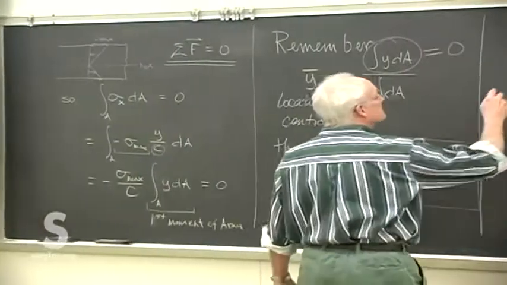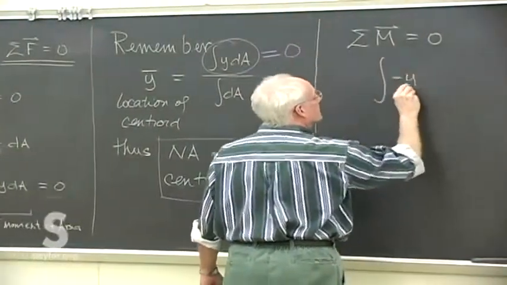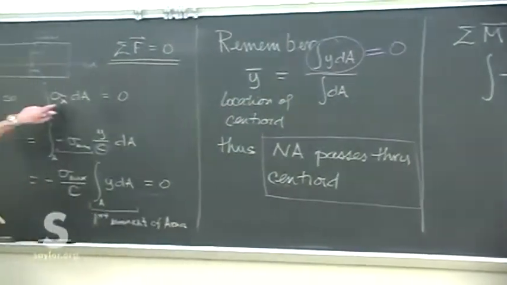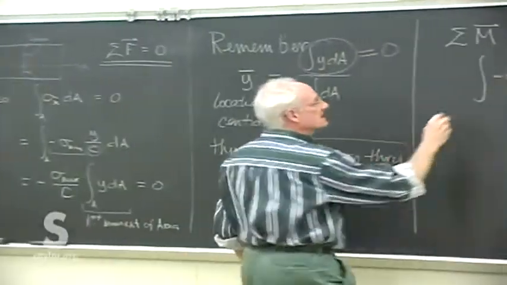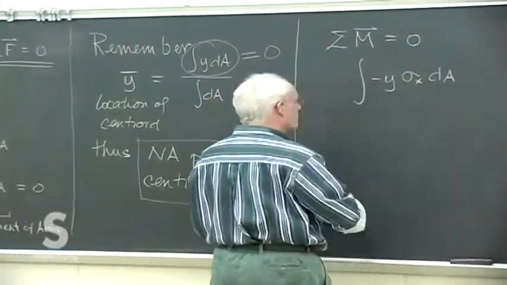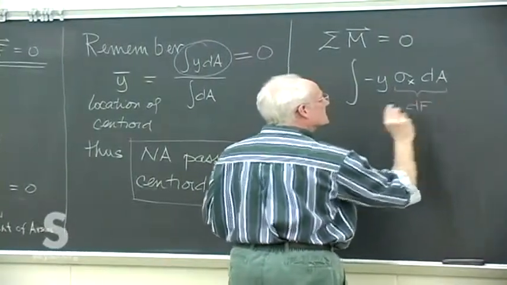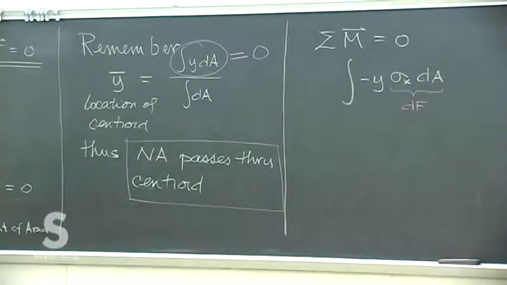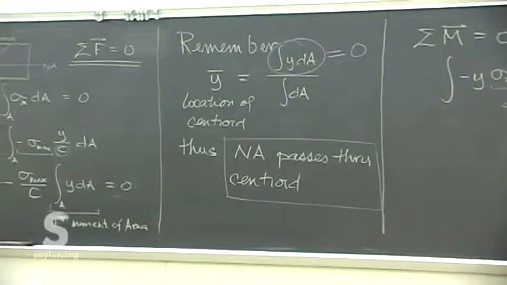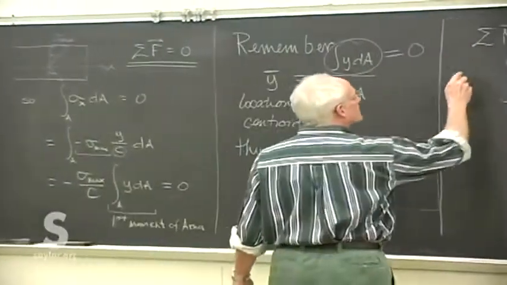So we're going to integrate some moment arm times the force, but we've already got that, so that's sigma x dA. That's dF. So that's the little force times its moment arm. And that's going to be equal to the moment across the whole piece.